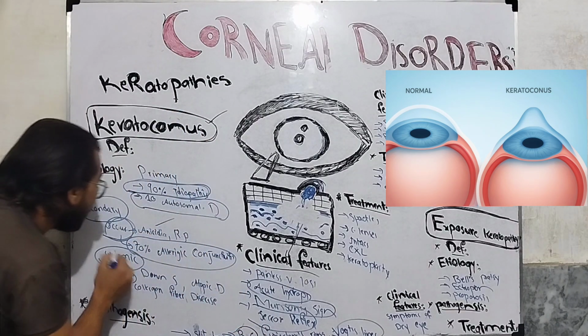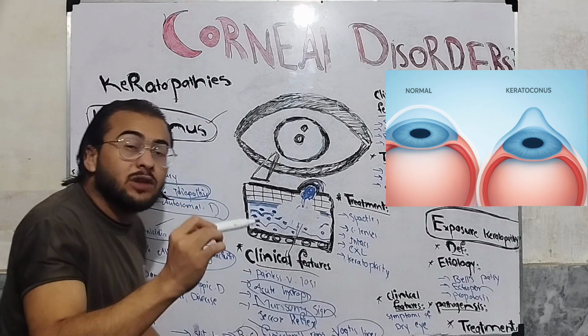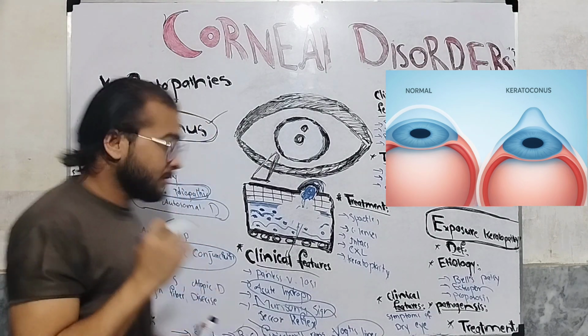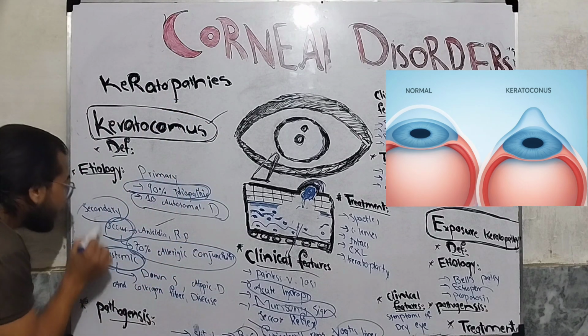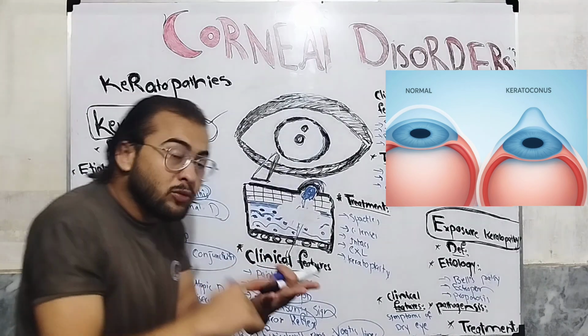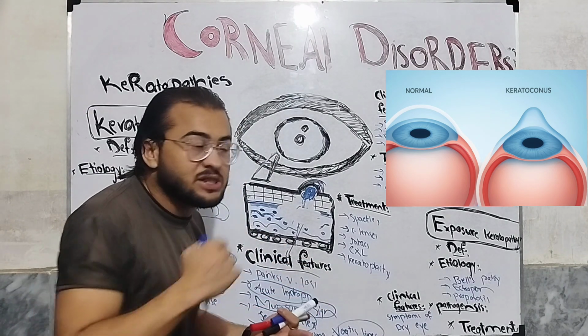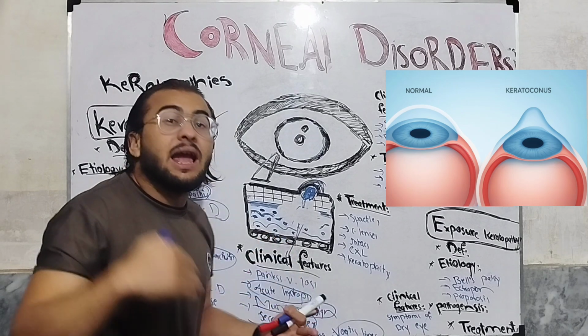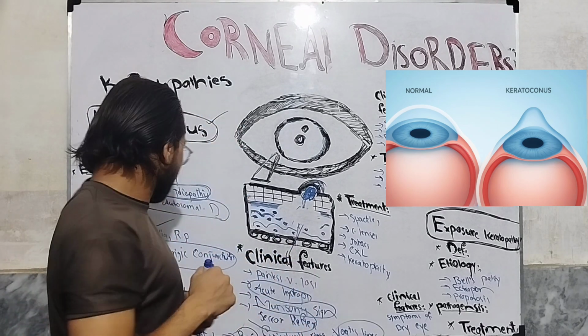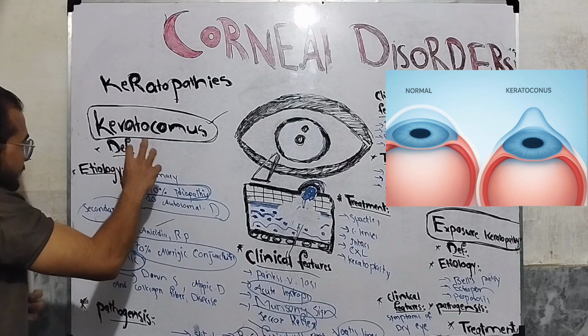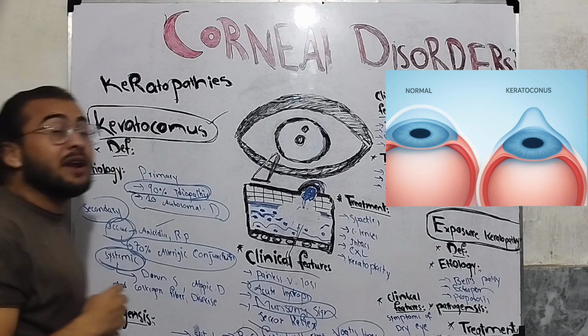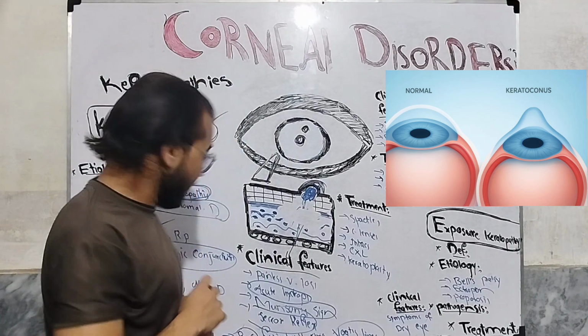The systemic causes of secondary keratoconus include Down syndrome, atopic dermatitis, and collagen fiber diseases such as Marfan syndrome, Ehlers-Danlos syndrome. So these are the causes of primary and secondary keratoconus.